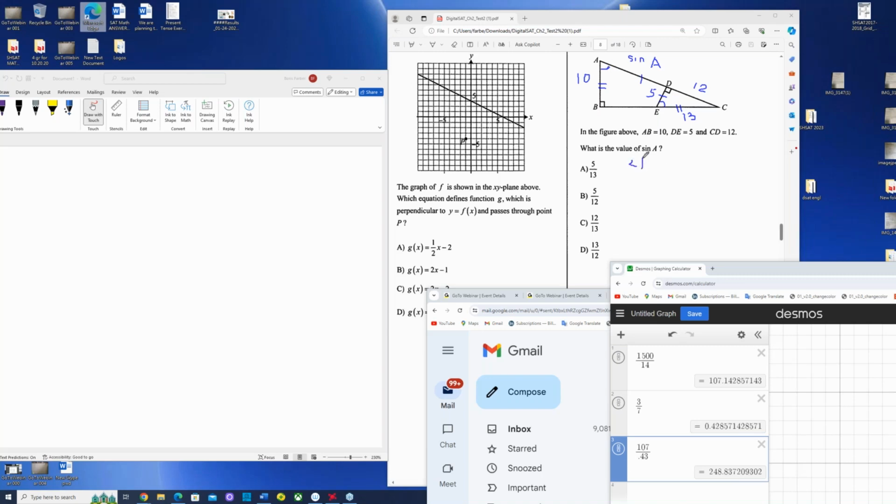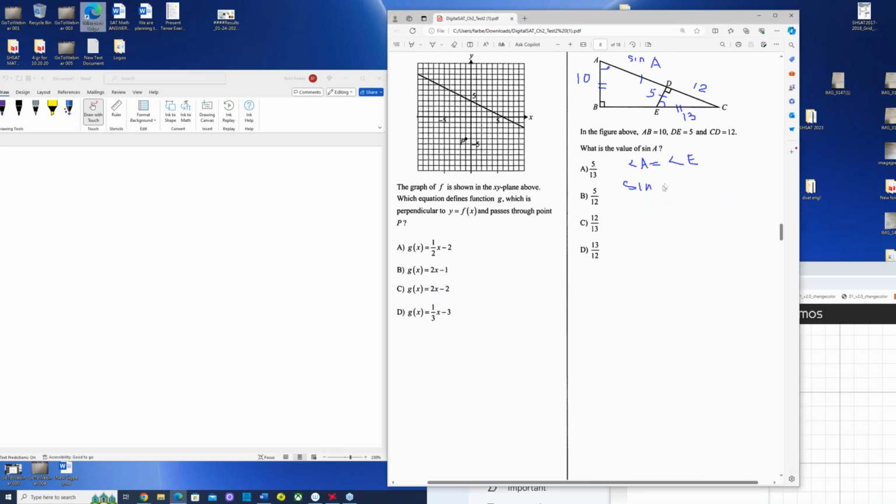Angle A equals angle E. And sine of A equals sine of E, because both of them are in the first quadrant, less than 90 degrees. Sine of E. And what is sine of E?